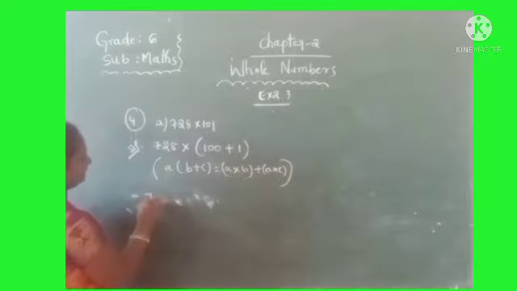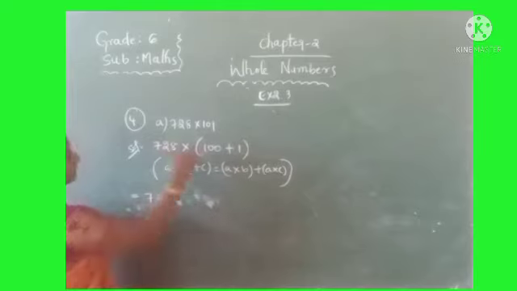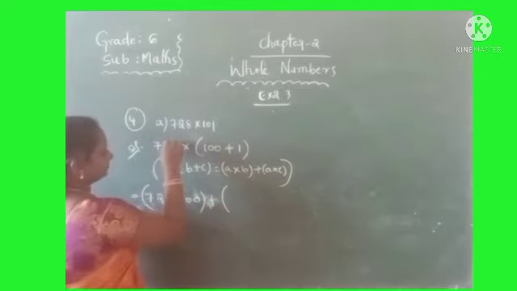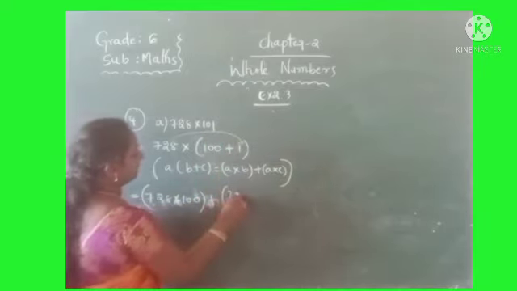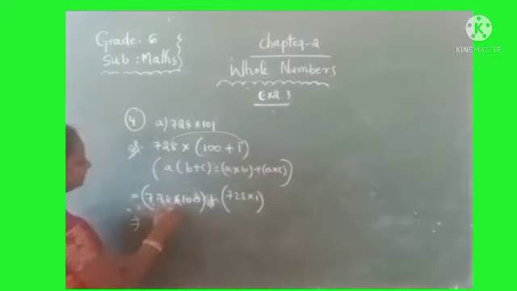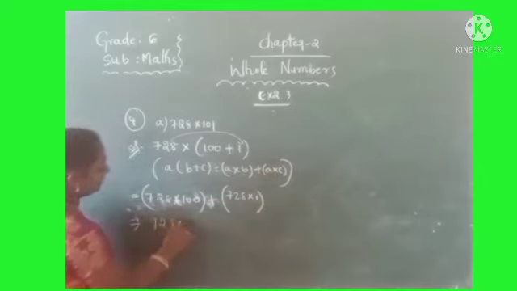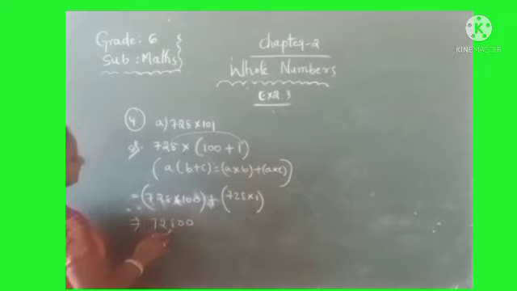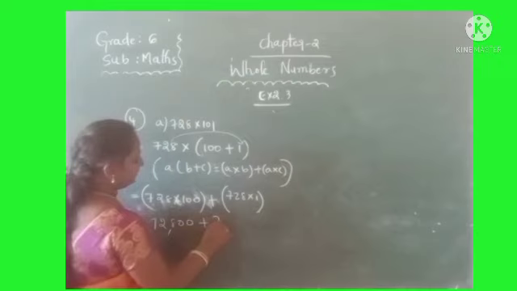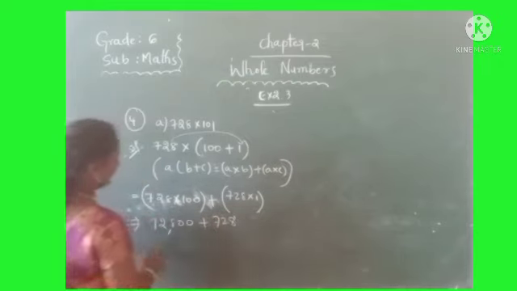Substitute here: 728 into 100 plus again 728 into 1. Now multiply 728 with 100, so how much? That is 72,800, plus 728 once is 728.